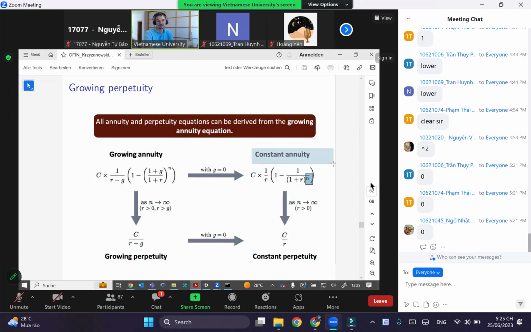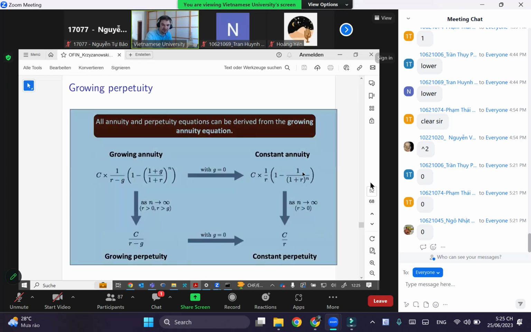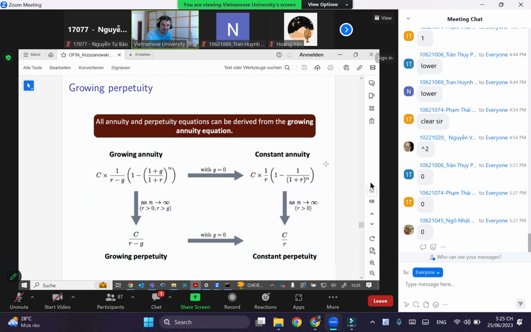A constant annuity has a finite number of payments. So if we want to go from constant annuity to constant perpetuity, we need to increase the number of cash flow payments to infinity. So n must go to infinity.